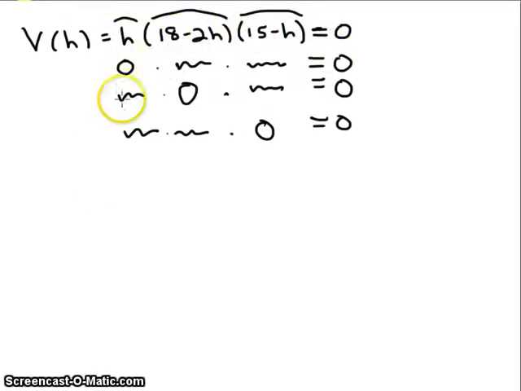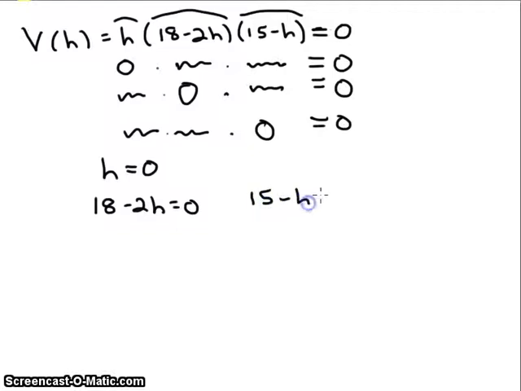And we know now, for example, that this piece could equal 0, this piece could equal 0, or this piece could equal 0. Well, this one is already solved. h equals 0 was one of the points that we had. Now the other 2 points come from solving these.